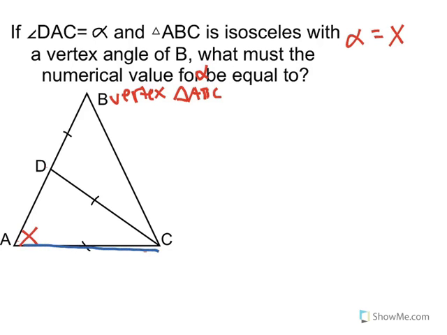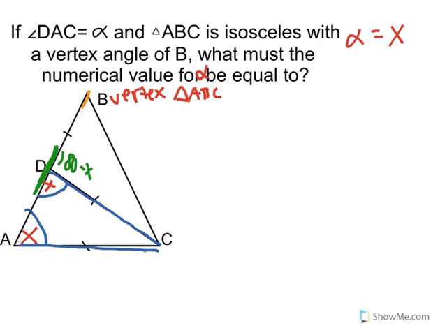So this is a vertex angle of triangle ABC. So this bottom triangle is isosceles also. We have two congruent sides. Here and here would be my base angles. So that means I can put x there because they would have to be congruent. Now, right here I've got a straight line, so I can call this angle 180 minus x on the other side.